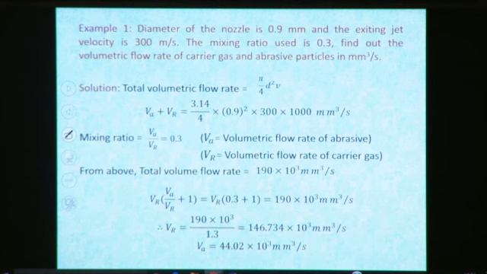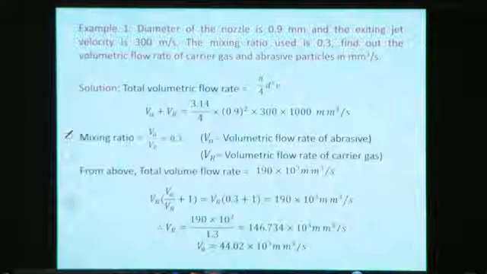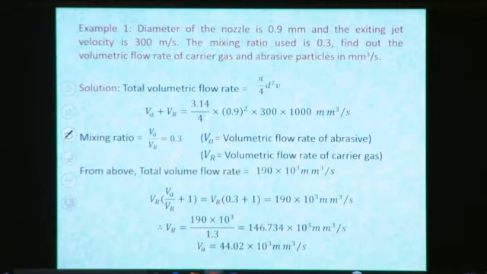So mixing ratio is the volumetric flow rate of abrasive by the volumetric flow rate of this carrier gas. So that is 0.3. Now we have to calculate what is the volumetric flow rate of carrier gas and what is the volumetric flow rate of abrasive particles used. So now the total volume flow rate can be calculated as pi by 4 d square into velocity of this abrasive jet.